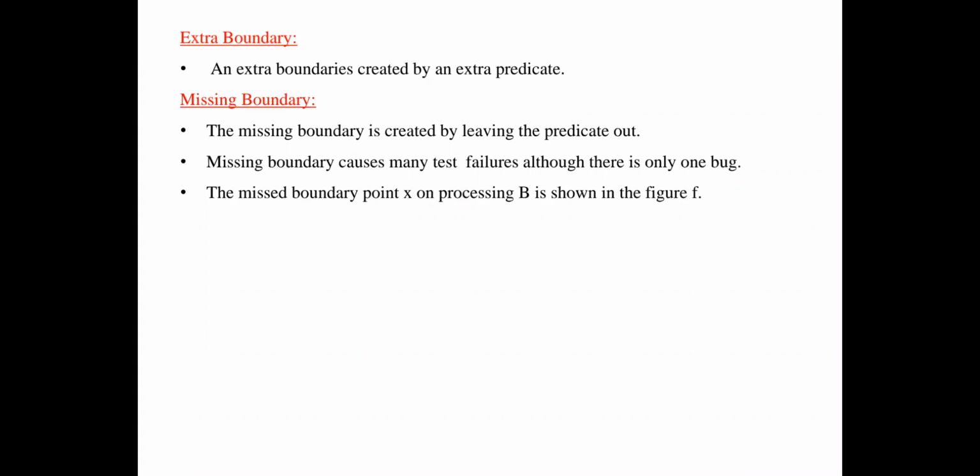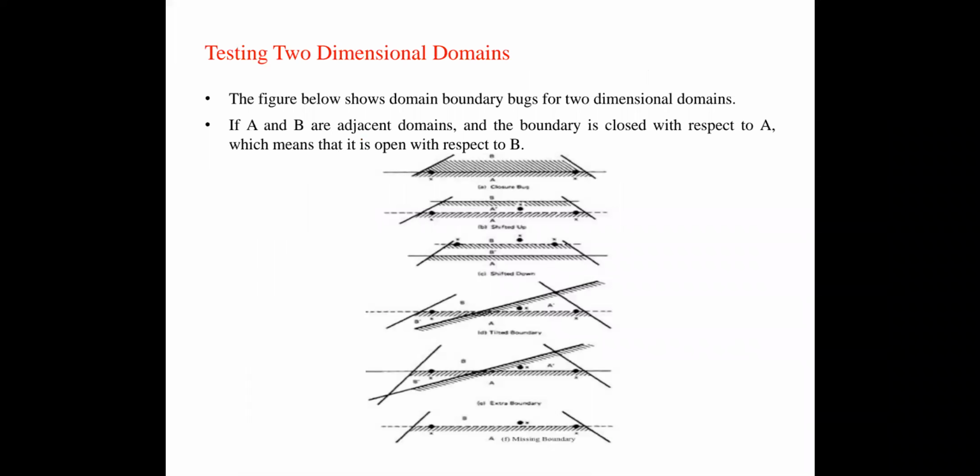The missing boundary is created by leaving the predicate out. So if you take more than one predicate, you get an extra boundary. If you leave one predicate out, you miss one boundary. Missing boundary causes many test failures. Although there is only one bug, the missing boundary points X on the proceeding B shown in the figure. What you have seen here is the missing boundary. Initially it has to have another boundary, but it is not showing the other boundary.